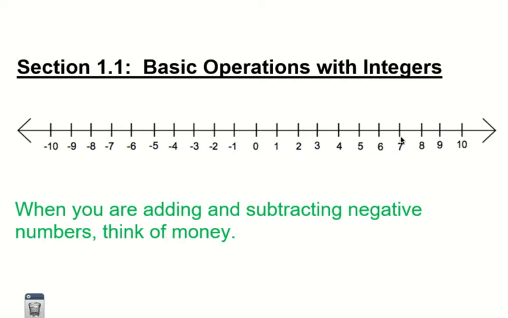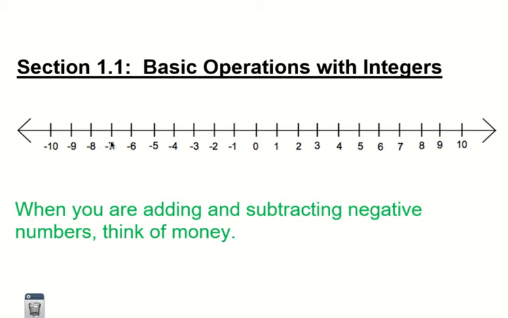All right? So again, not to be repetitive, but if you're subtracting from a number, you're moving left from that number. And if you're adding to a number, you're moving to the right from that number.